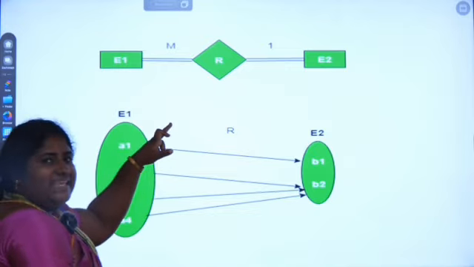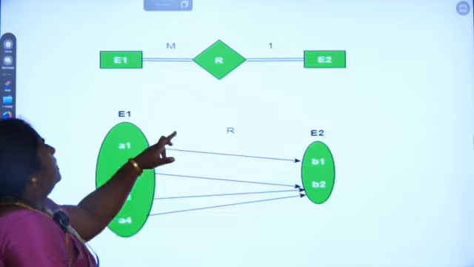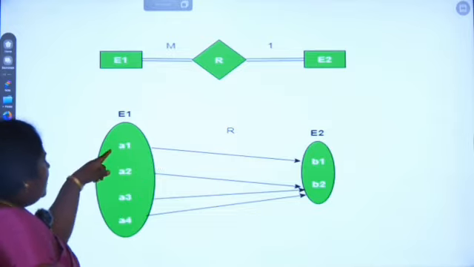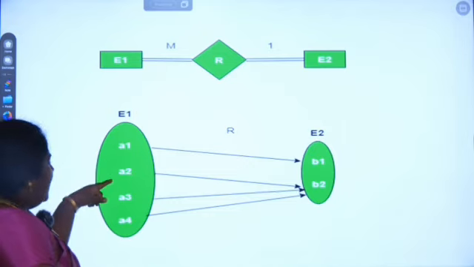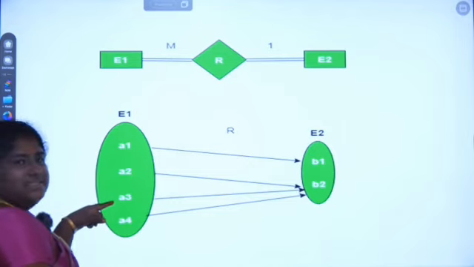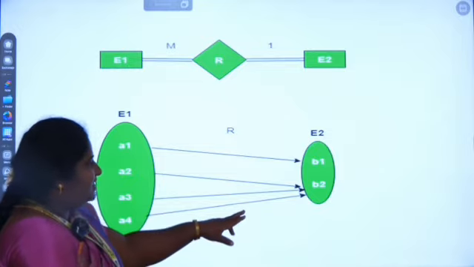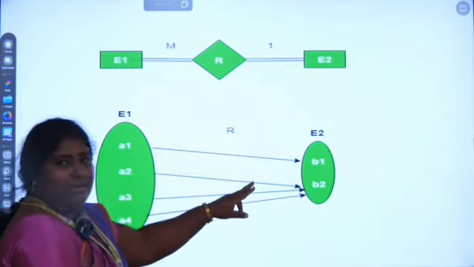When a many to one relationship is defined, these are called entity sets. Here A1, A2, A3 and A4 are entities of an entity set, which are related with the other entity set E2, B1 and B2.